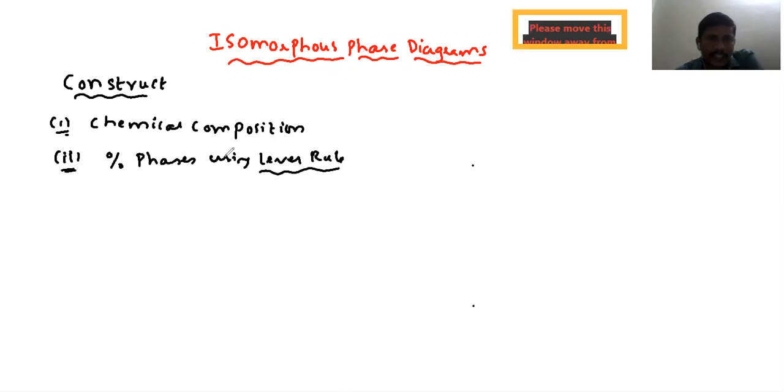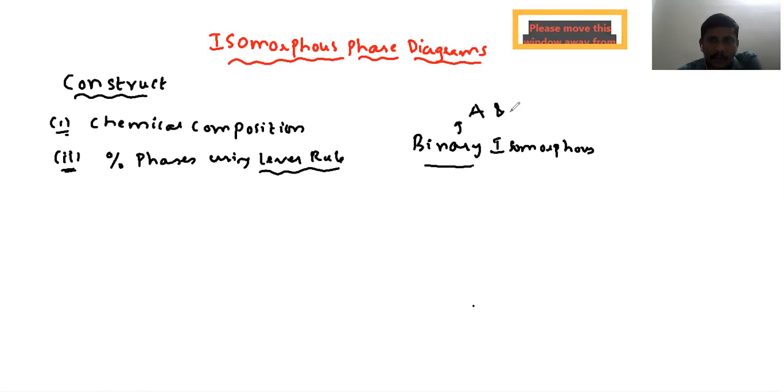So let's get into the topic. For example, consider a binary isomorphous system. I am considering a binary isomorphous phase diagram. Binary implies two components.